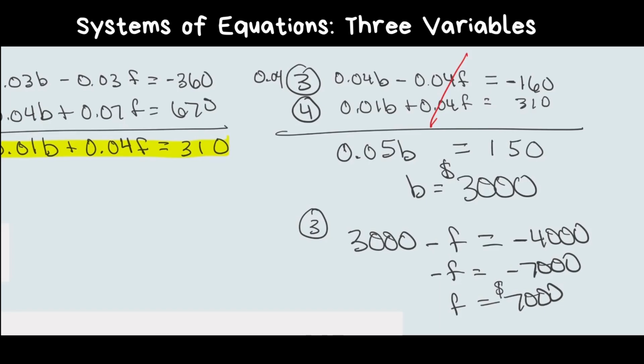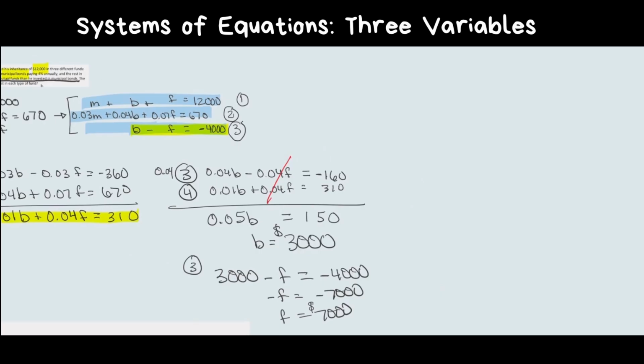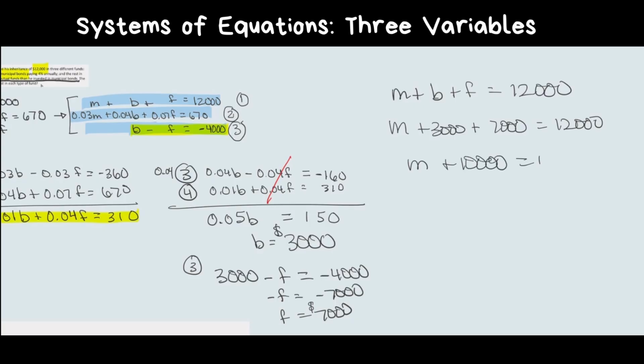All three investments have to total $12,000. So if M plus B plus F have to equal 12,000, we don't know M, but we do know B, and we know F. Those add up to be 10,000. Subtract, looks like we got 2,000.